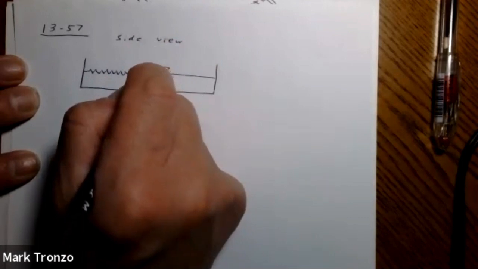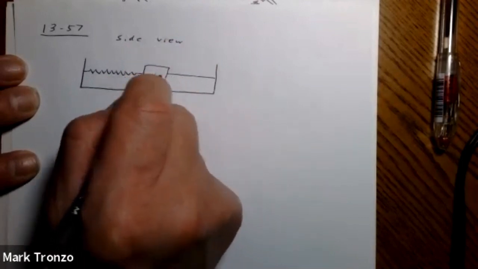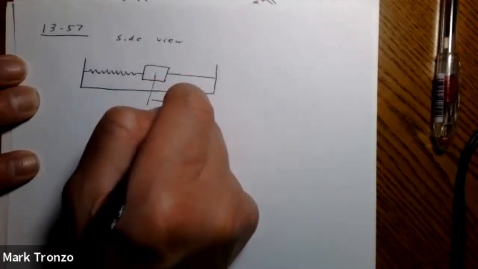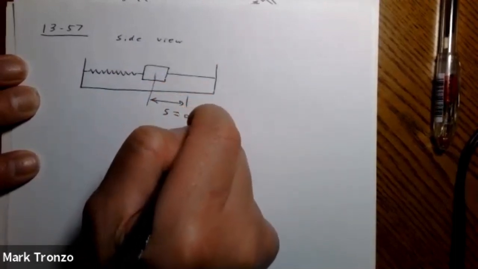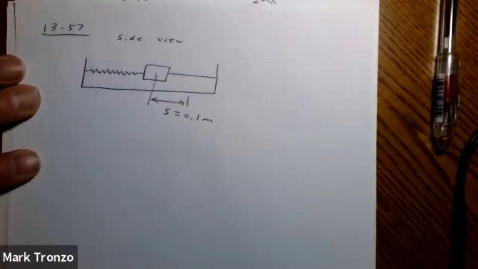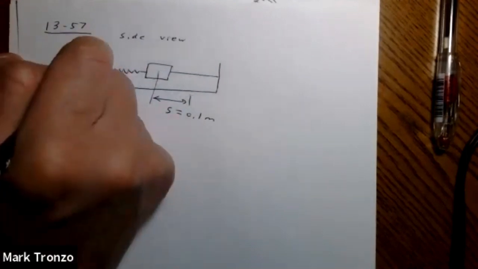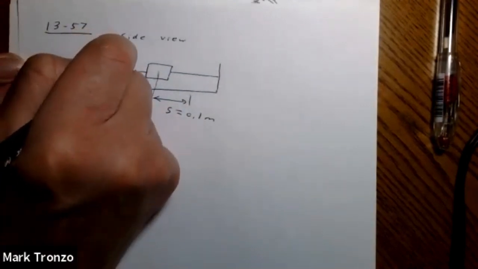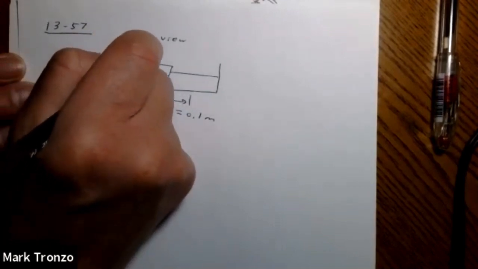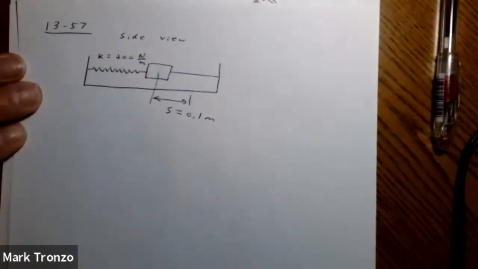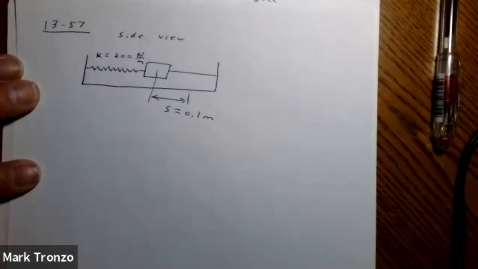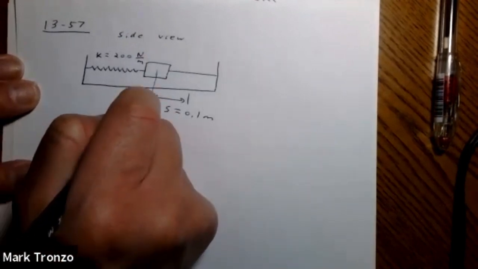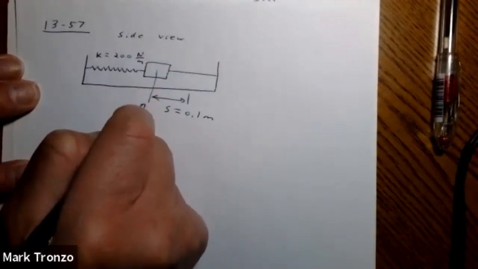And again, we want to find out what it's going to take for that to be out at 100 millimeters, 0.1 meters. And our spring constant is 200 Newtons per meter. So again, we'll sum the forces in the normal direction. Again, this right here is the center of rotation.